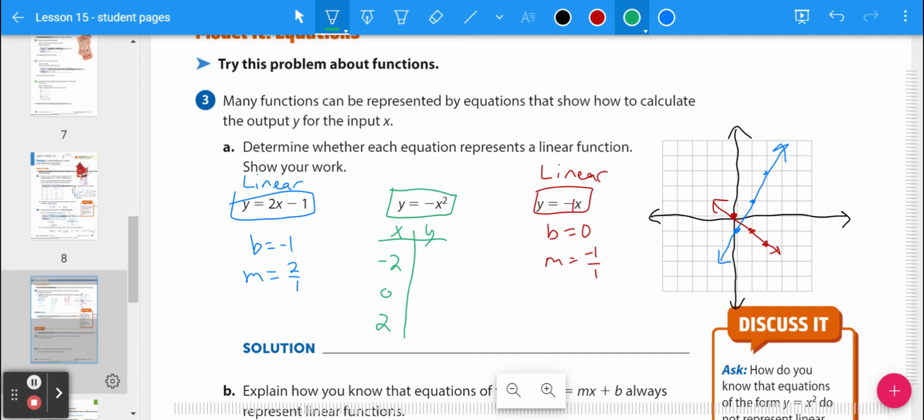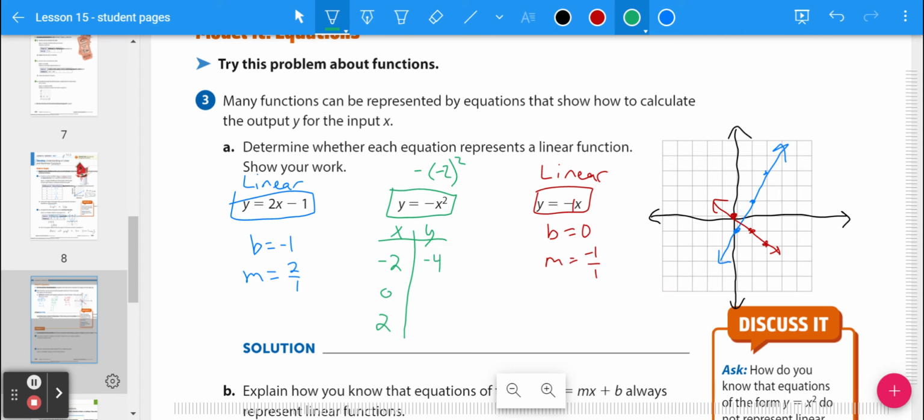Let's just plug in -2. So negative of a -2 squared is what we're plugging in for this x. Because you got to plug it in, plug it in, plug it in. Plug it in right there. So negative 2 squared is 4, and then the negative of that is negative 4. Okay.